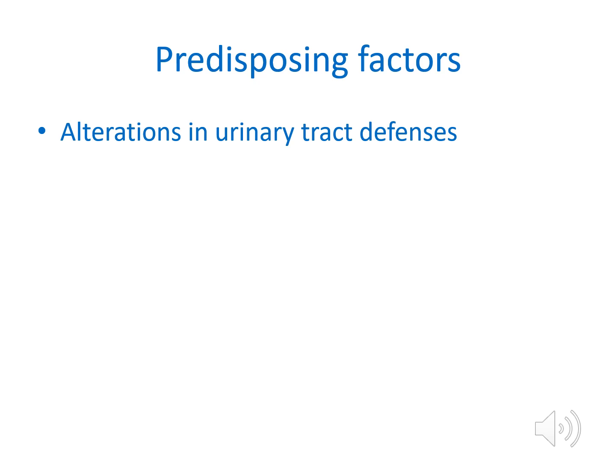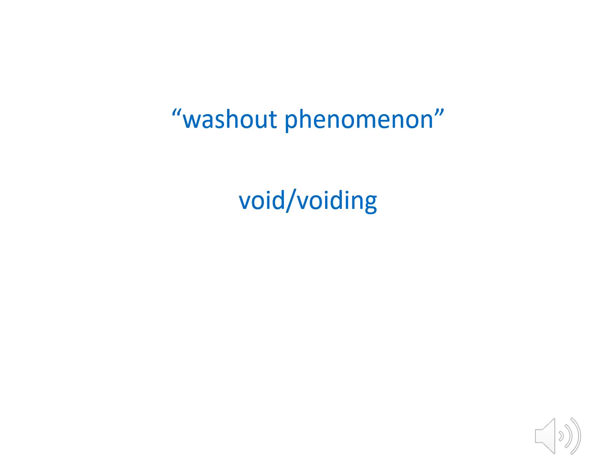Well, there's a lot of them, but the first one I want to mention is anything that impairs the urinary tract defenses. Now, I know it sounds weird to think that your urinary tract has defense mechanisms, but it does. And one of the biggest defense mechanisms is what we call the washout phenomenon. The washout phenomenon is something that happens every time you empty your bladder.